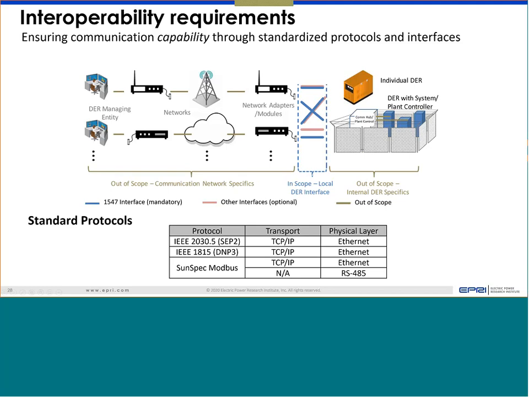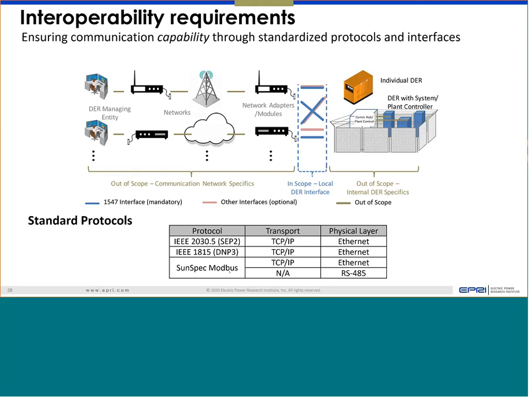It has to have one of those 3 communication protocols supported: 2030.5, also known as SEP2, IEEE 1815, also known as DNP3, or SunSpec Modbus. Those are the 3 standards that matured with the smart inverter functions because of the work done in the last 10, 12 years. That's why they are listed, because IEEE cannot pick one protocol, as that would be another problem.